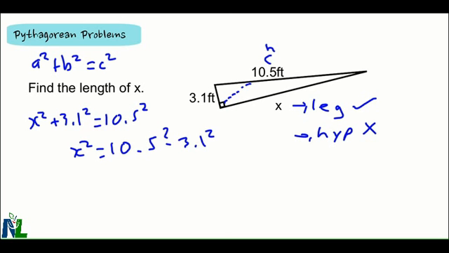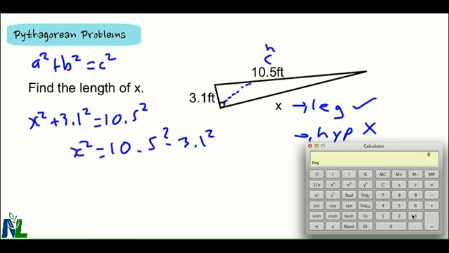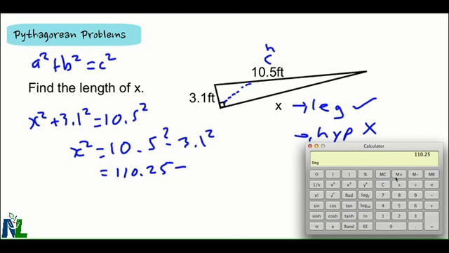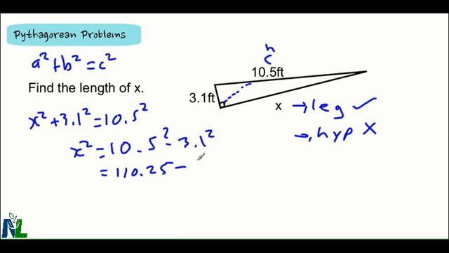So from here, I'll just get my calculator out now. So I got 10.5 squared is 110.25. And I'm going to subtract away 3.1 squared. So 3.1 squared is 9.61.